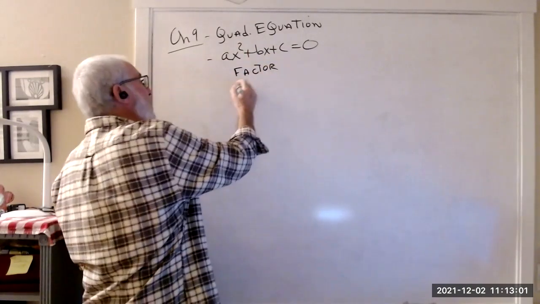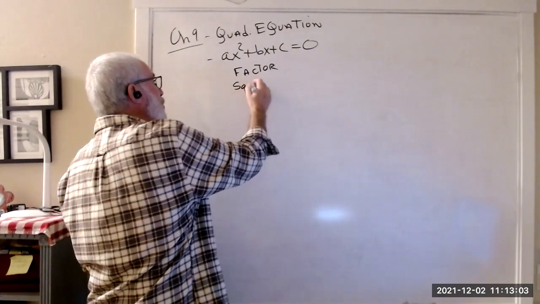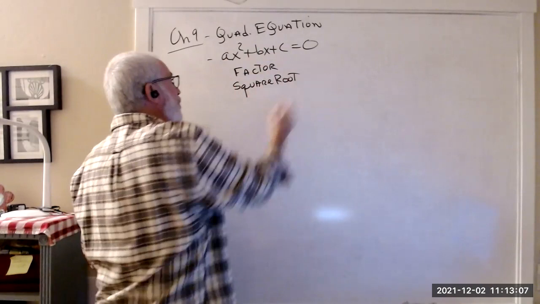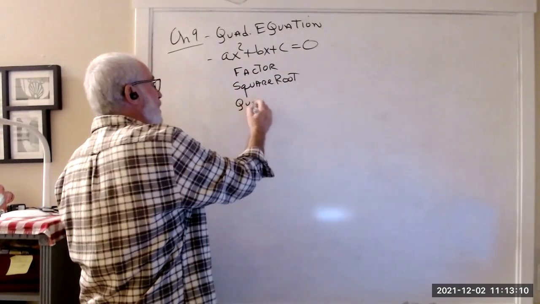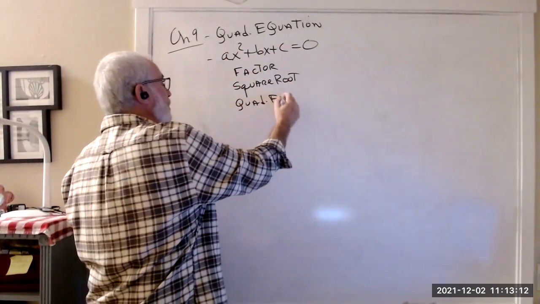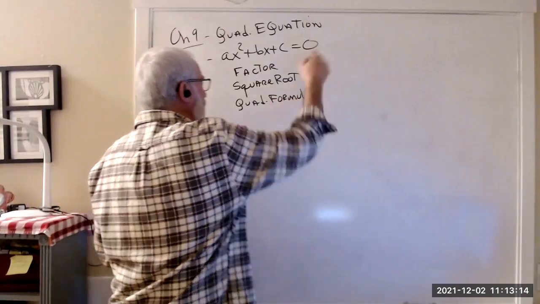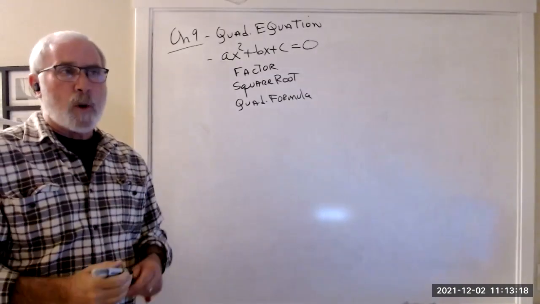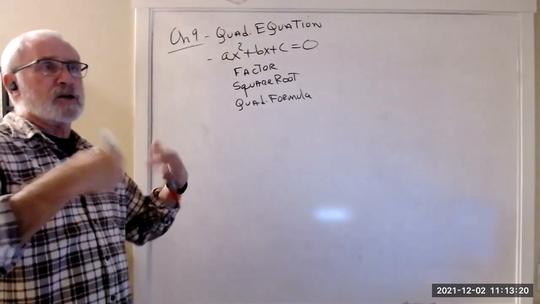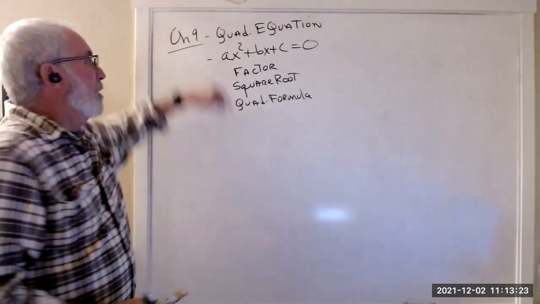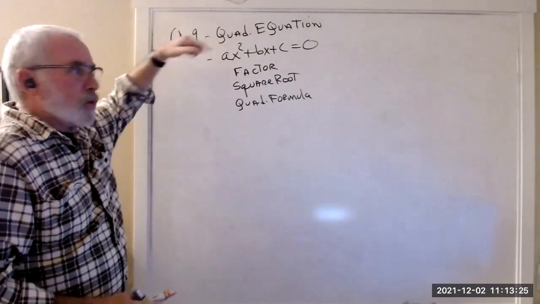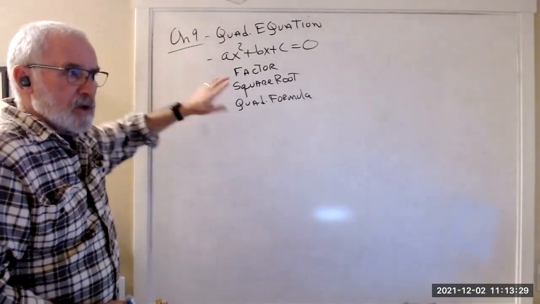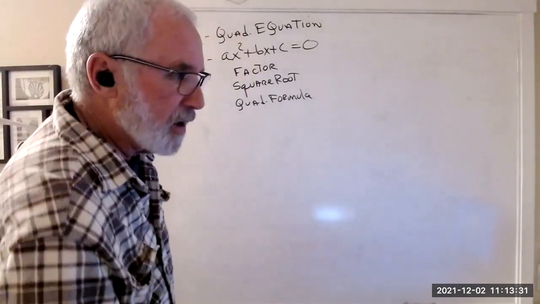We could solve it by something called the square root principle. We could solve it by the quad formula. And we may have talked about some other stuff, but that was called a quadratic equation, and we concentrated on solving it. Now, for what it's worth, we're going to have to use these again tonight, but in a totally different way.